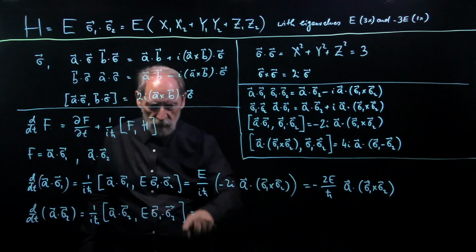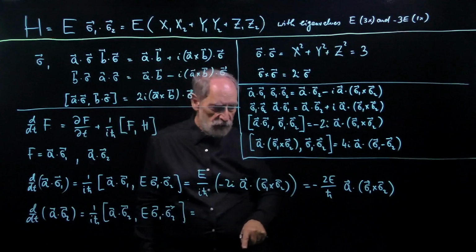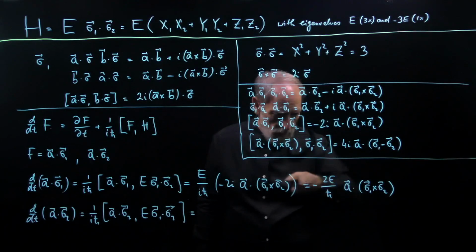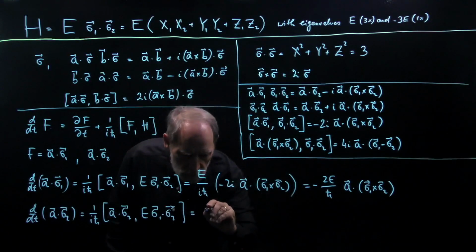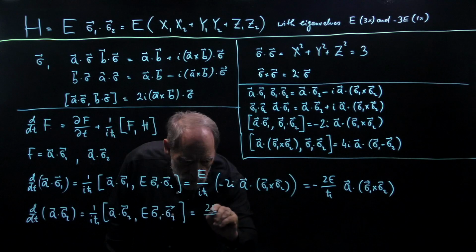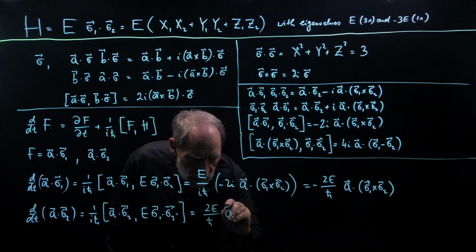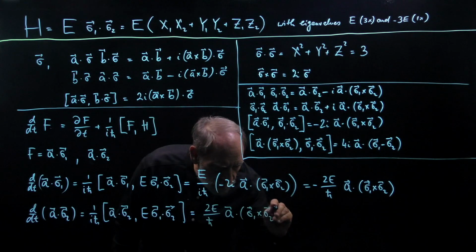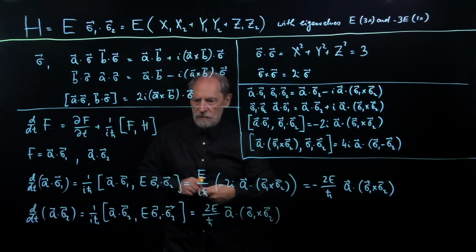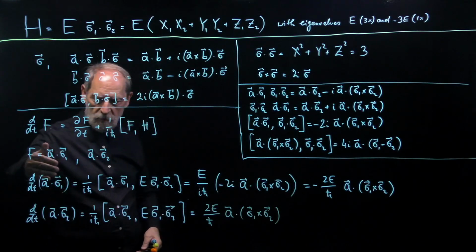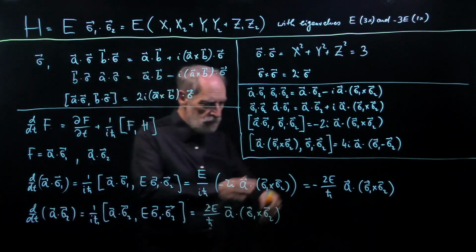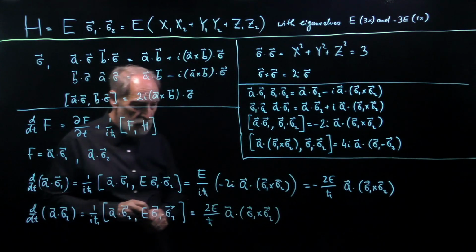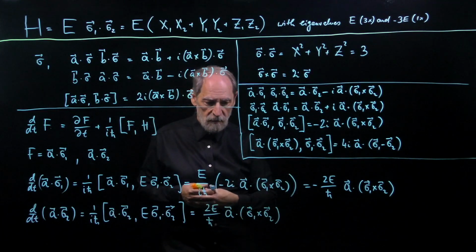So we go from here to here by just interchanging sigma 1 and sigma 2. But if I interchange sigma 1 and sigma 2 here, I get a minus sign. So this will be plus 2e divided by h bar a dot sigma 1 cross sigma 2. So the time derivative of a common component of sigma 1 is a certain expression. The time derivative of the corresponding component of sigma 2 is negative that expression.